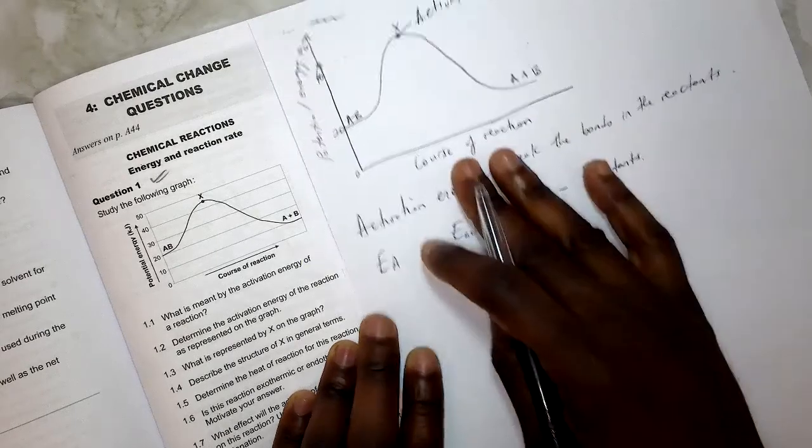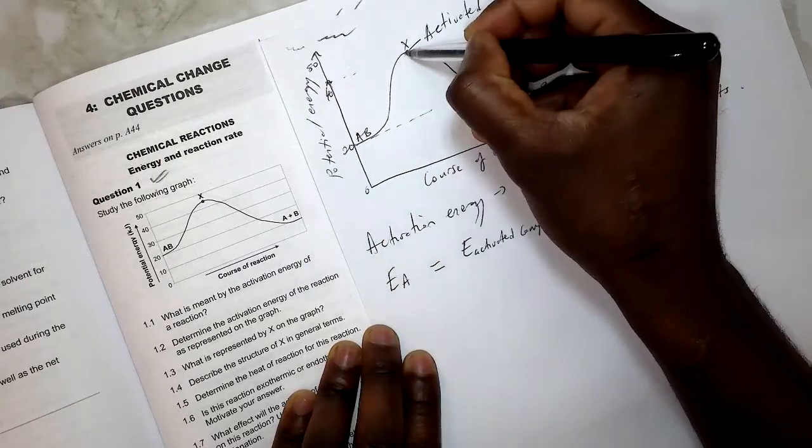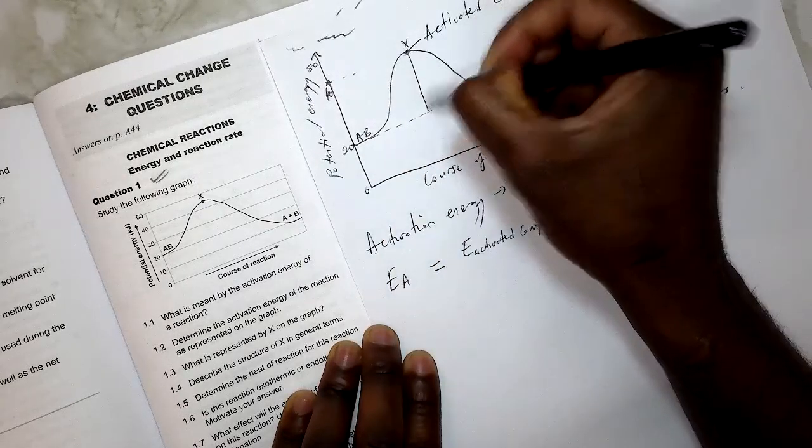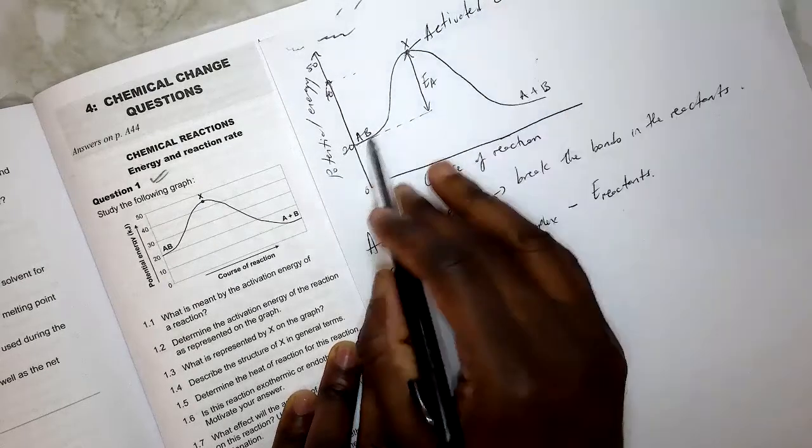So always remember that your activation energy is from your reactants. So this was supposed to be your EA. It always starts from the reactants.